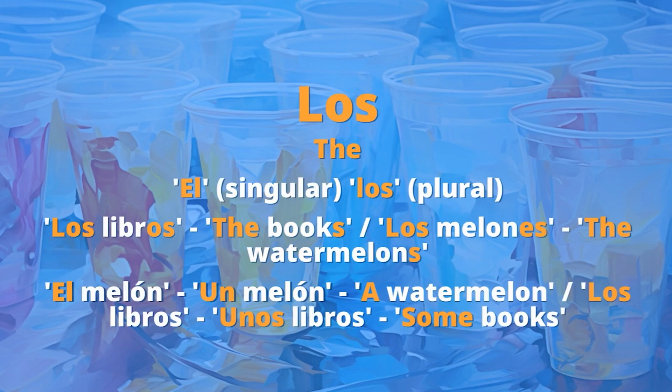Since the indefinite article equivalent of el is un, a, and for los it's unos, some, el melón becomes un melón, a watermelon, and los libros becomes unos libros, some books.